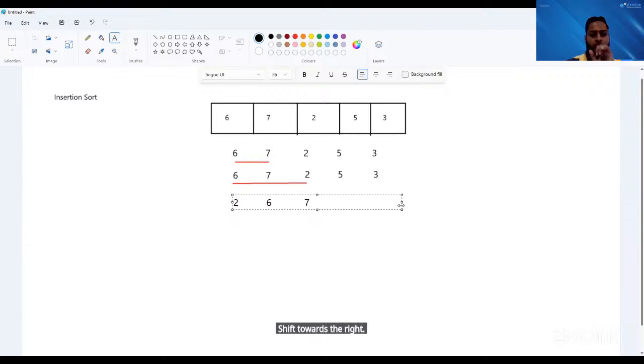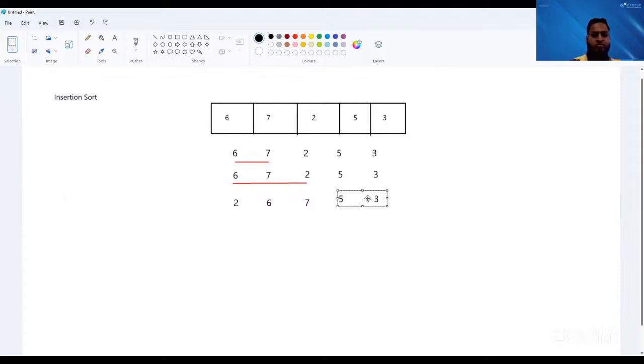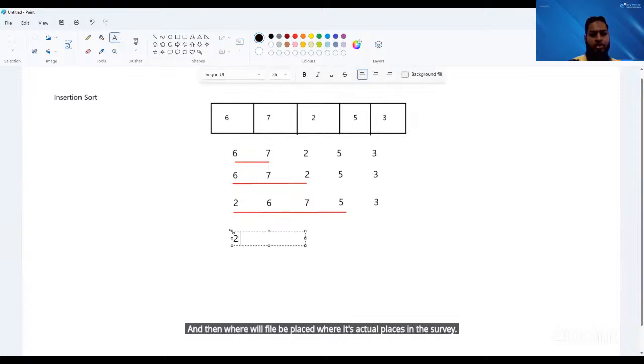And 5 and 3 will be as they are, because they weren't even considered in the iteration. Then it will take the first four numbers. And then where will 5 be placed? Where its actual place is. So 2 comes over here, and then 5 will come over here.